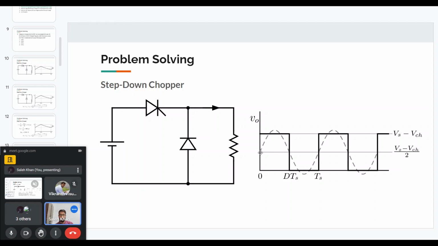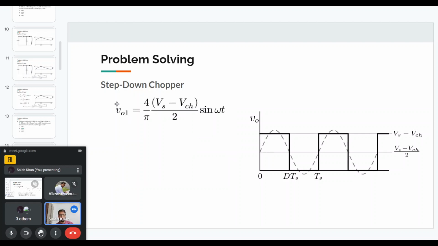And the RMS, the fundamental will start from this voltage, and then it will go to a peak value and then go to a minimum value. And now if you apply Fourier analysis to this, you will get that the fundamental will look something like this, because it will be 4 by pi and the maximum of the square wave.